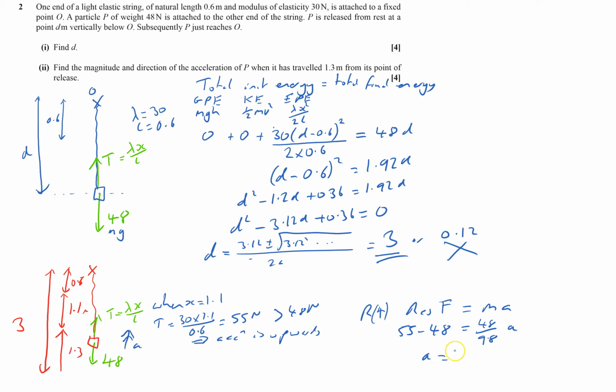So a equals 7 times 9.8 over 48, which equals 1.429166666, which equals 1.43 meters per second squared to 3 significant figures. And that's question 2 done.